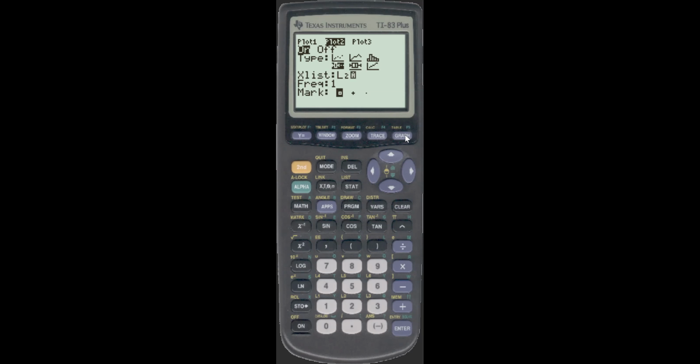Now we might have to do a zoom stat, but we'll just try it. Yeah, so there it is, and it's really similar to what we did as well. I think maybe that's neat. It was when these calculators first came out, but any questions on that? Because that is something you might want to do.